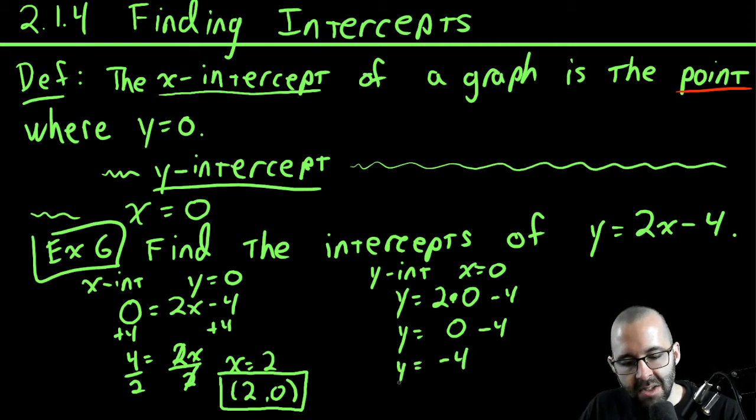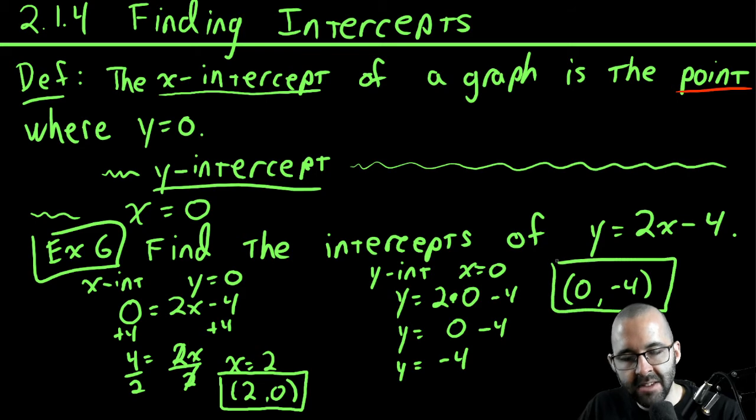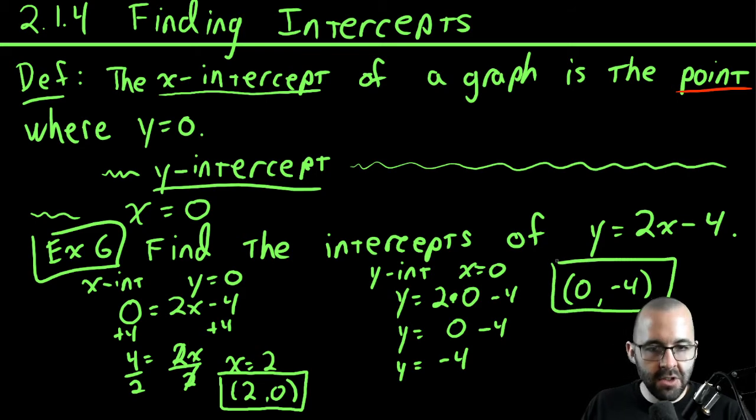So the y-intercept is when y is equal to -4 and x is 0. And there we go. We have our y-intercept, we have our x-intercept, and as long as you box them both like this, I'm okay with you presenting your answer in this fashion. That's basically all there is to it. I got one more example for you, kind of combining a bunch of things, and then that'll be it for this chapter.